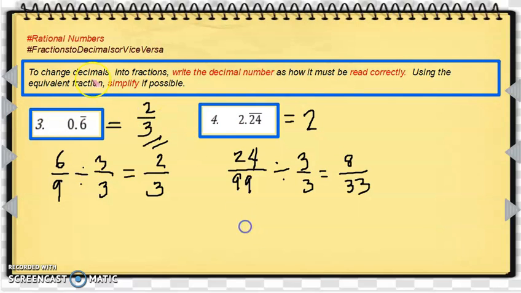So we now have 2 and 8 over 33. But this is a mixed number, so we change this into an improper fraction. So multiply and then add. 33 times 2 is 66. And then 66 added to 8 is 74. So that will be our numerator and the denominator will be 33.